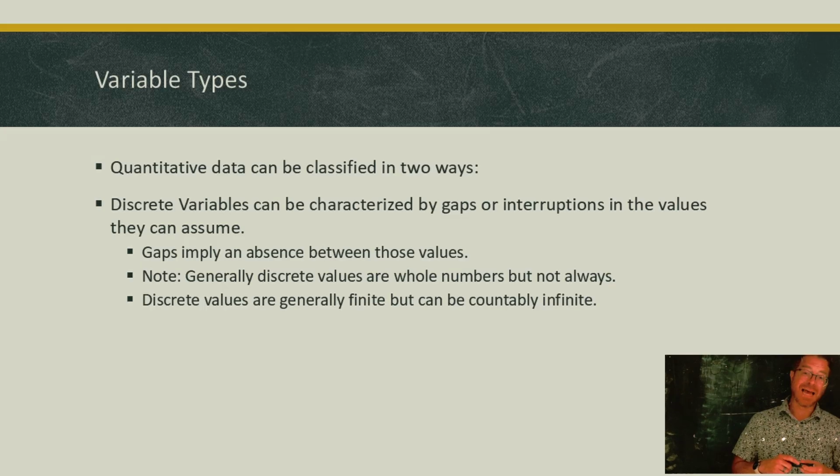So you can have countably infinite discrete values. That's why, be careful when we're talking about finite versus infinite, because oftentimes when we think finite, we think discrete data, meaning it has gaps and it can be counted, but you can have discrete data that is also infinite, which means it's countably infinite.